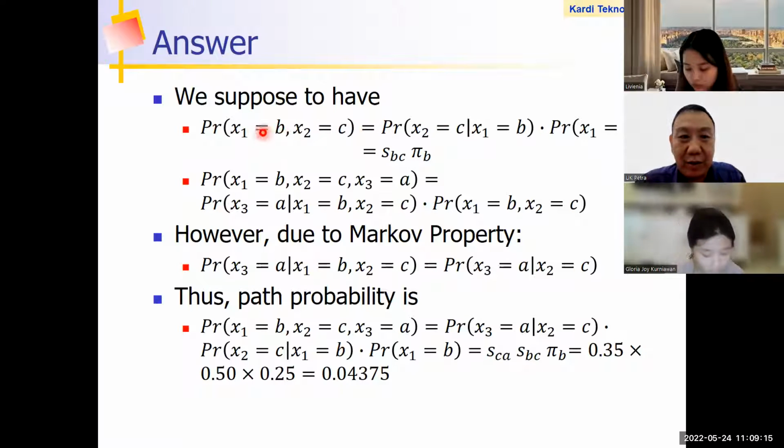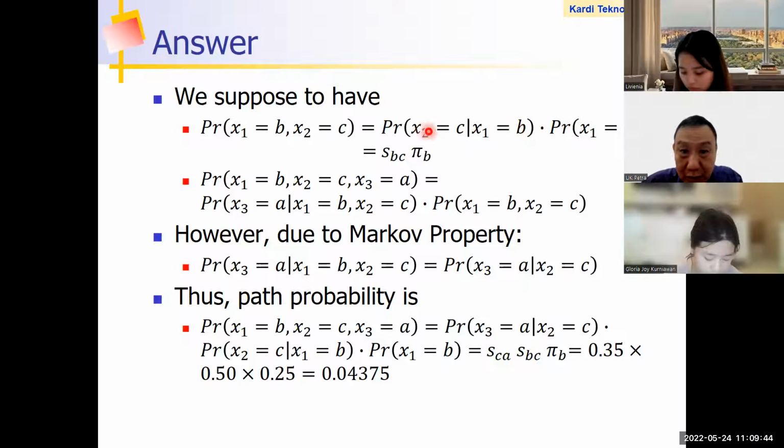So then you will say, okay, I have x1 is B earlier. Given that x1 is B, what is the probability that it will go to C in x2? Okay, and then of course, because this is joint, you can use the multiplication rule, right? You have this value. Given that x1 is B, what is the probability of x2 is C, multiplied by x1 is B?